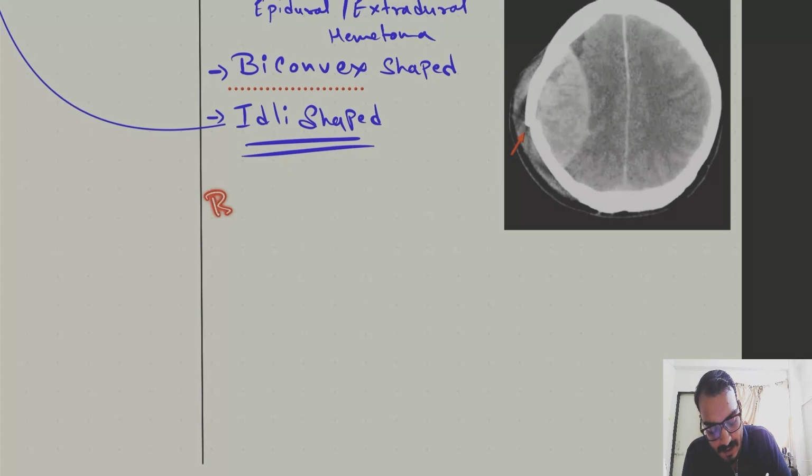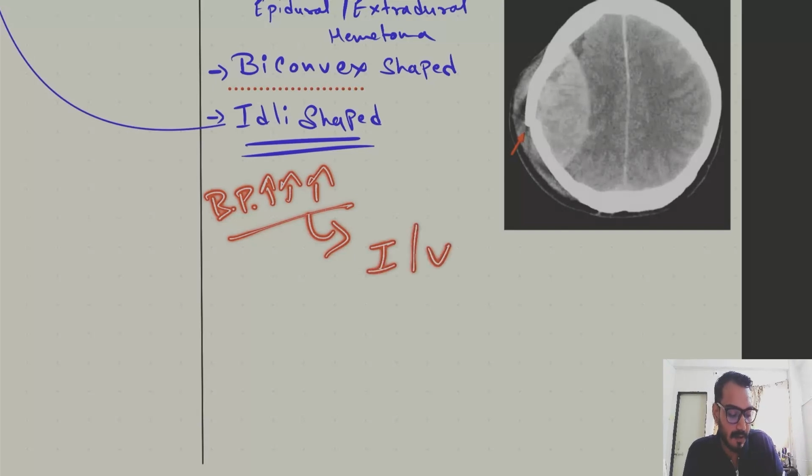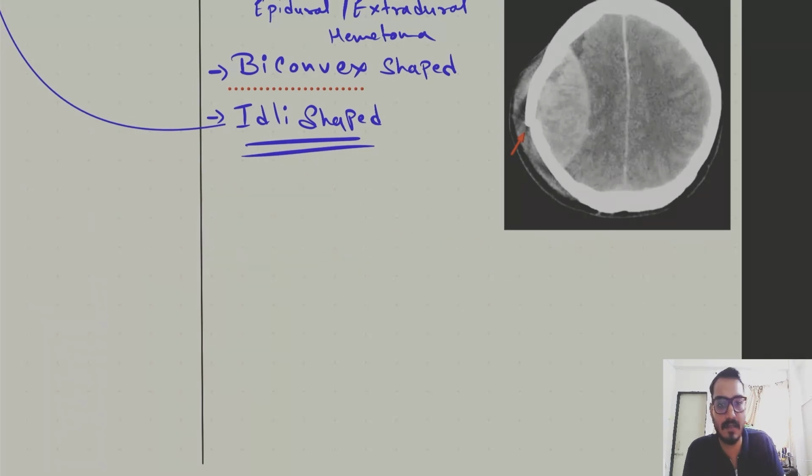Until then, if the patient's blood pressure is on the higher side, what will you do? You will give IV mannitol to this patient. It will decrease the pressure of the blood which is supplying to the brain.